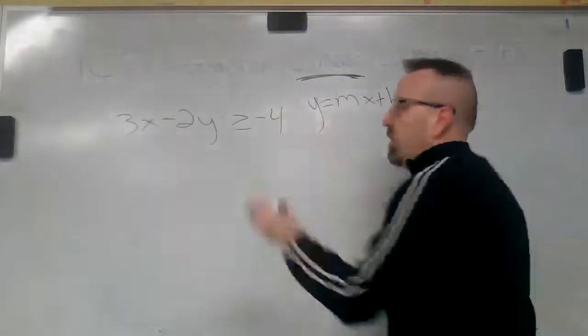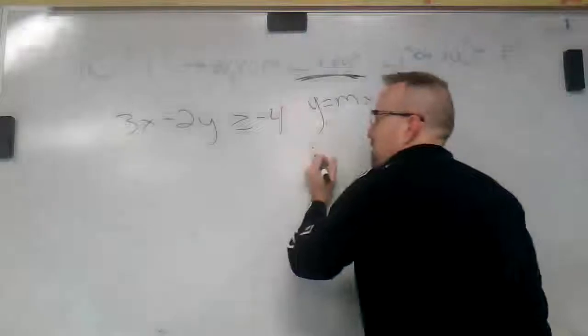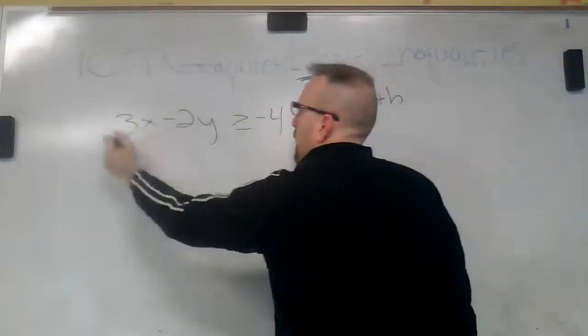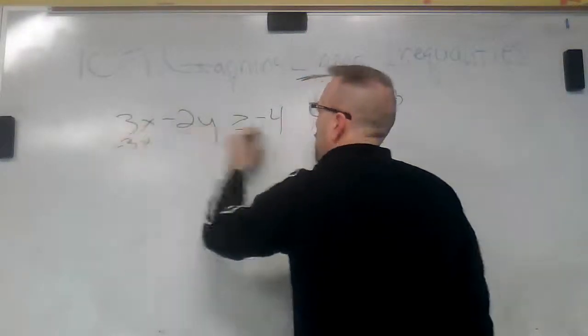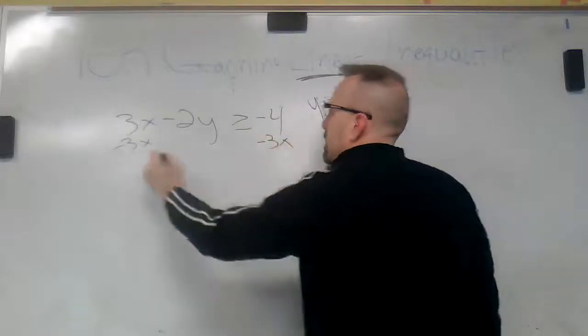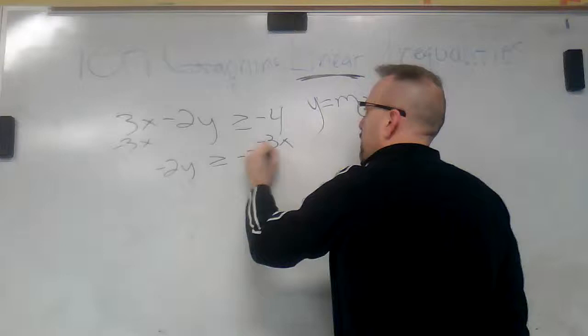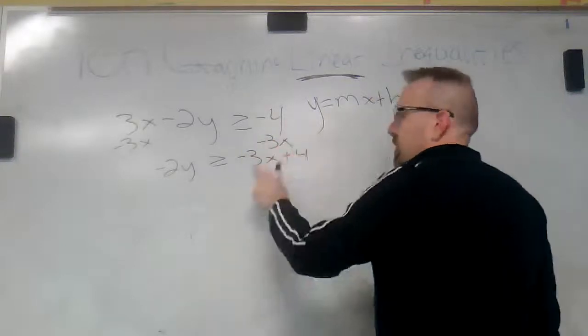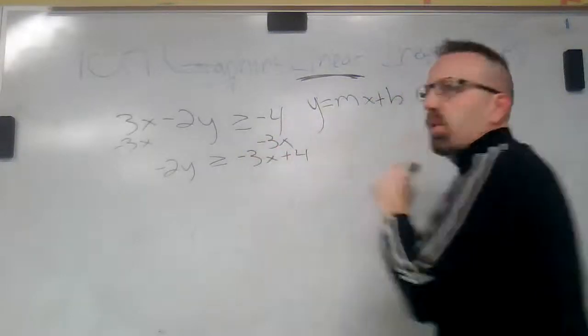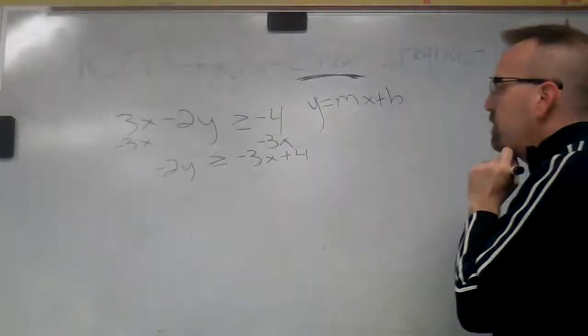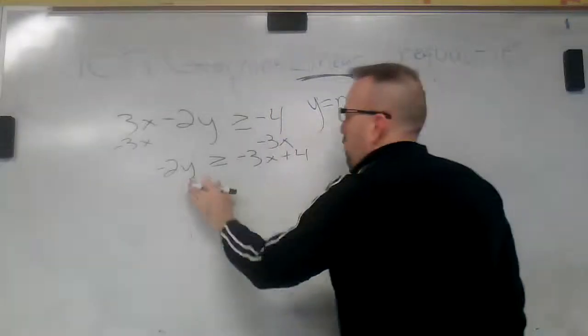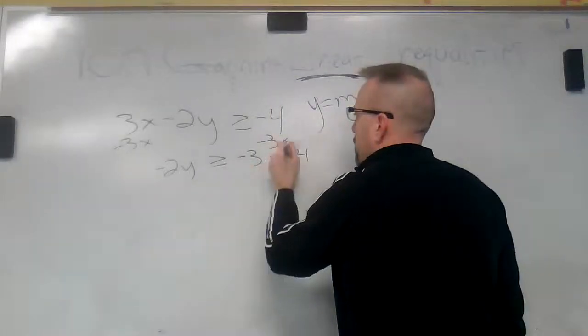The first thing we have to do is move our x across. Since it's positive x, we're going to subtract off 3x. So we rewrite negative 2y greater than or equal to negative 3x. Put it in order, so x is first, because then it lines up with our y equals mx plus b. That should be minus 4.